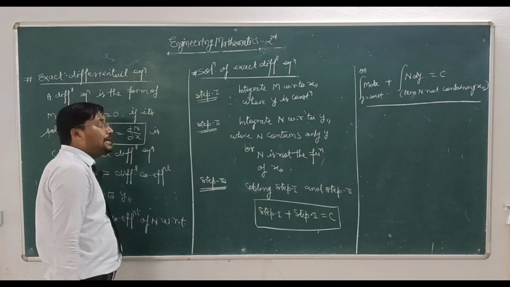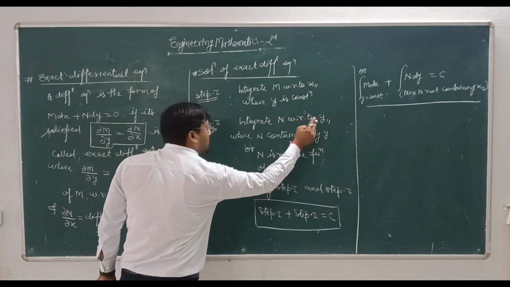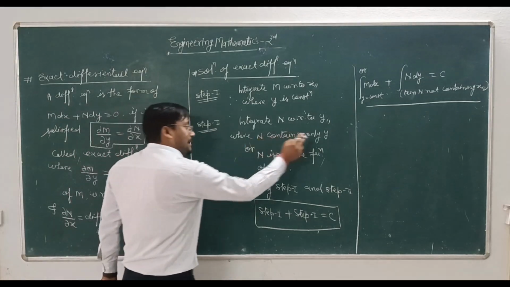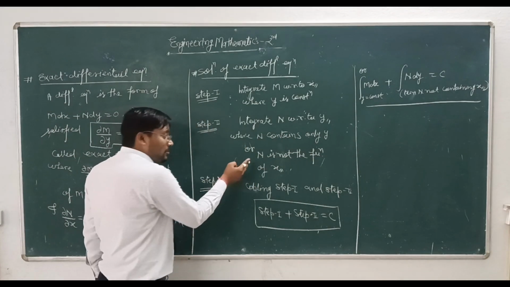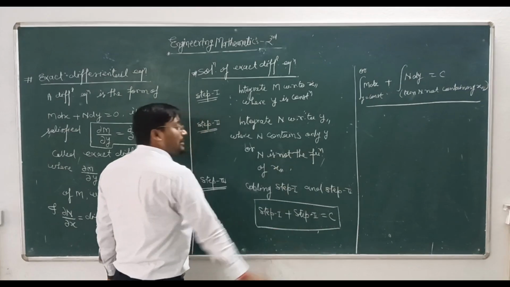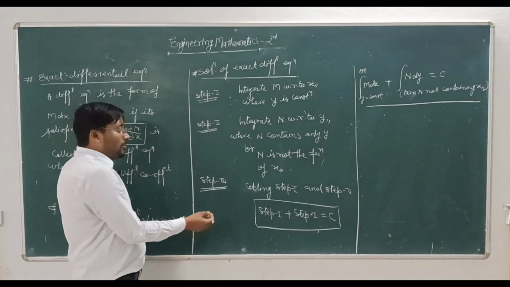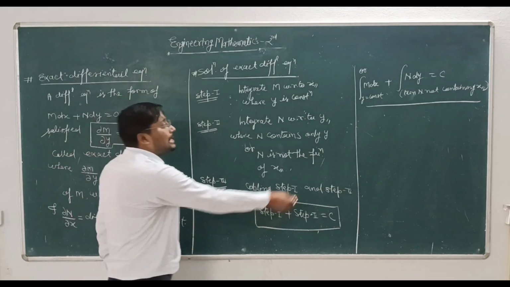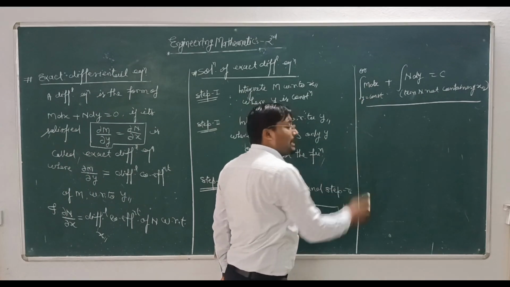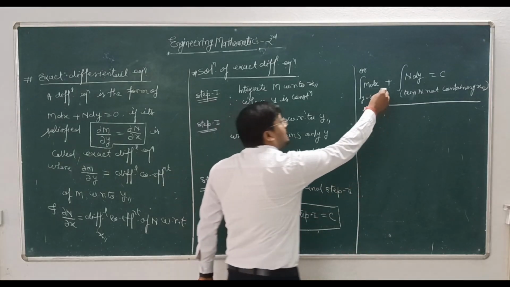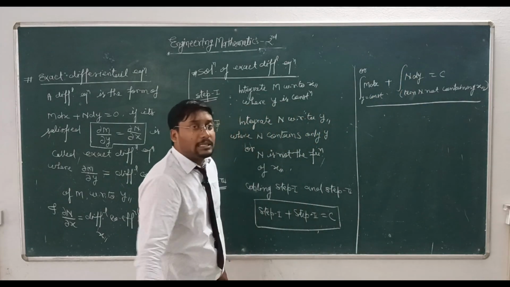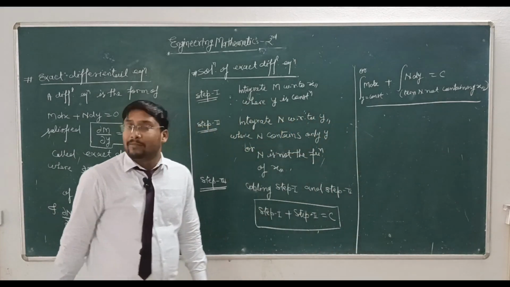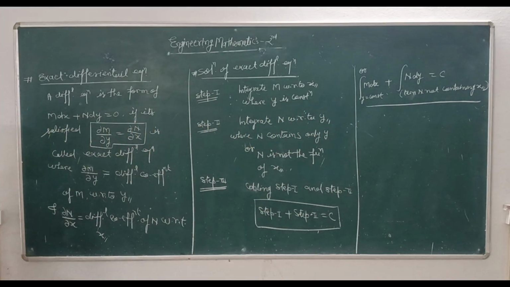Now step number second, integrate N with respect to y, where N contains only y, or you can write N is not the function of x. Now third step is adding step first and step second, or you can write integration M dx, where y is equal to constant, plus integration N dy, the term N not containing x, is equal to constant. You can write this method.